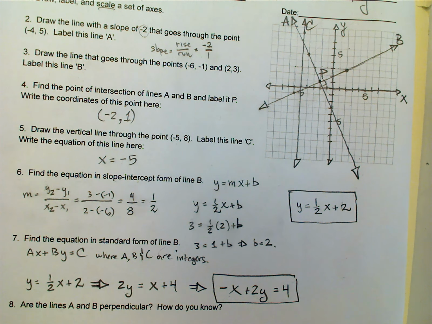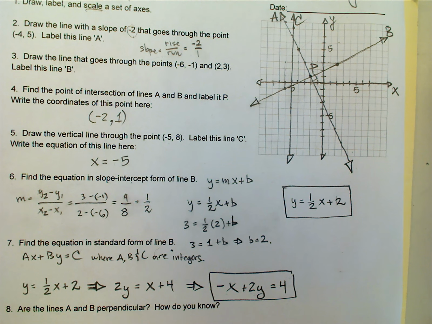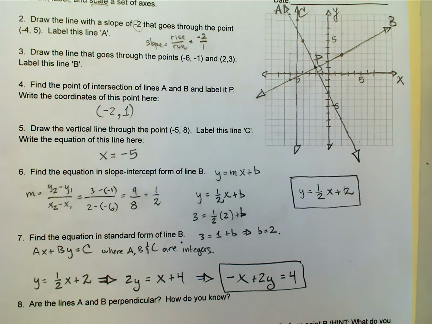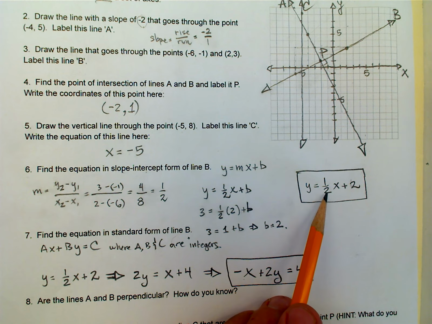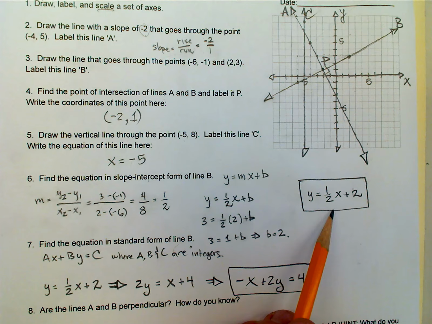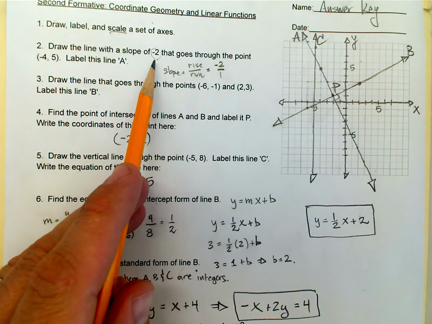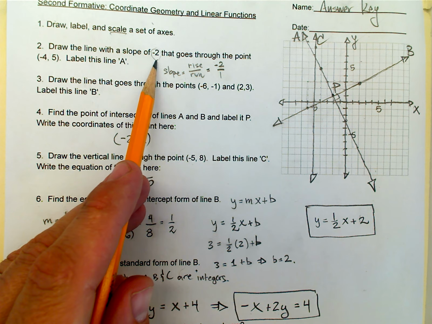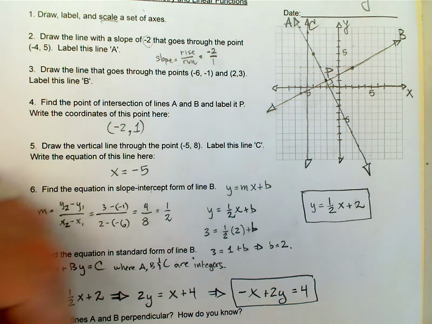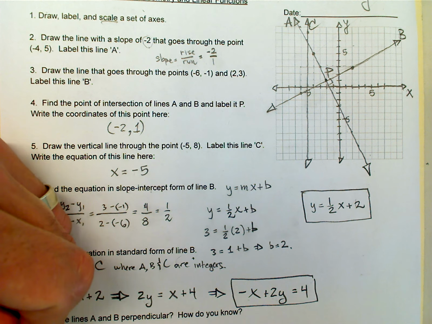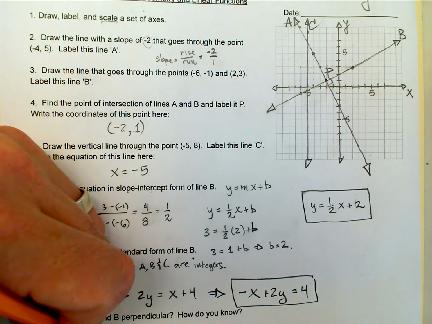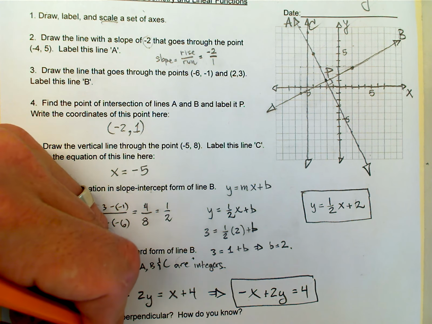And if that's true, then there's a relationship between the slopes. And I'll notice the slope of line B is 1/2, and of course you'll recall that the slope of line A is -2.